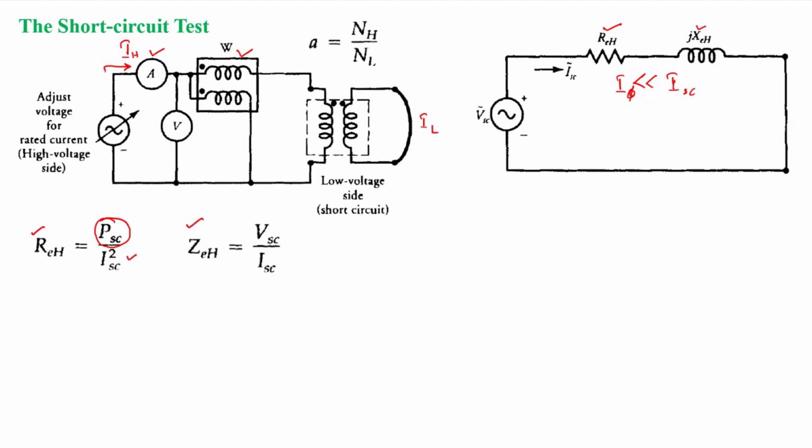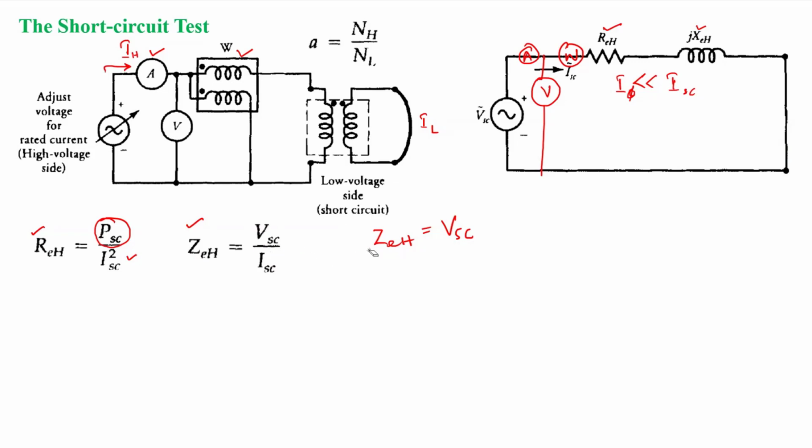And obviously ZEH: if we see the circuit, here is your ammeter, here is your voltmeter, and here is your wattmeter. The voltage measured by this voltmeter will be across this resistance and the inductance. So I can write ISC ZEH will be equal to VSC, and from this ZEH equal to VSC by ISC.